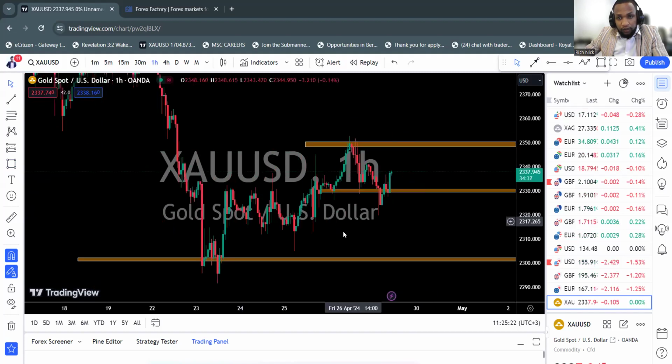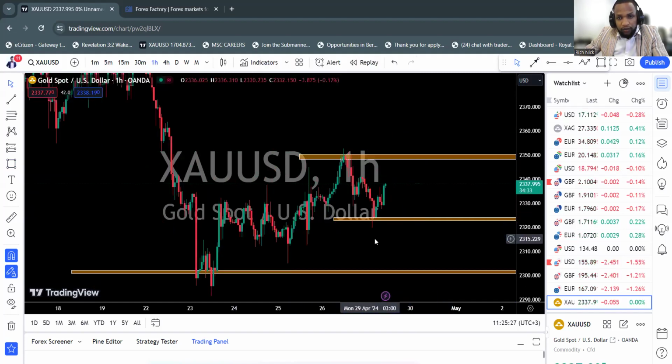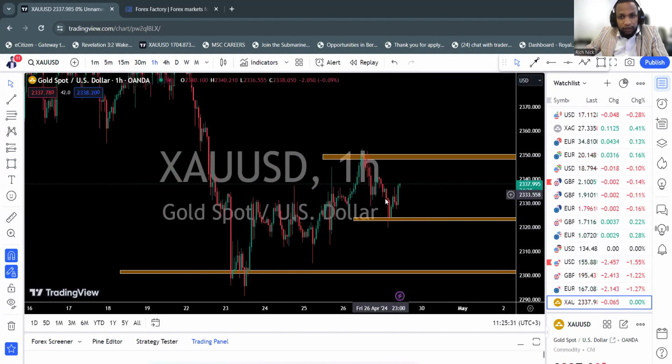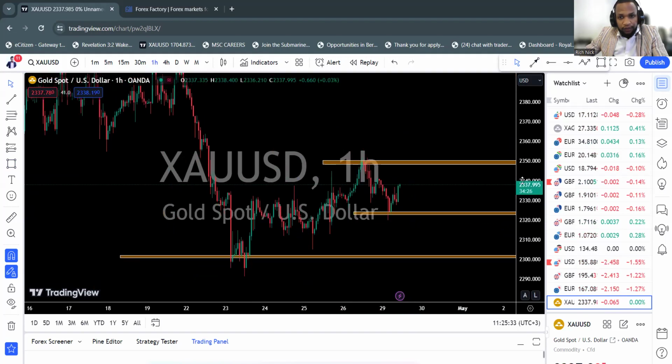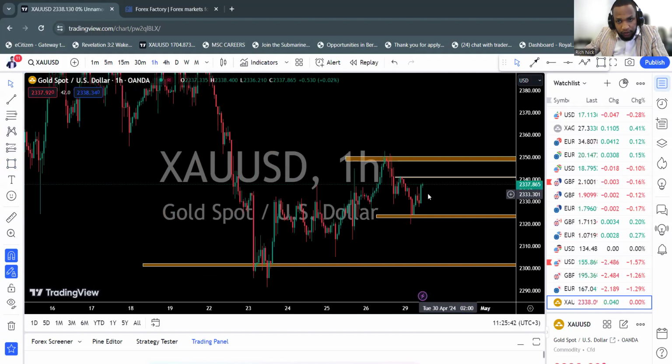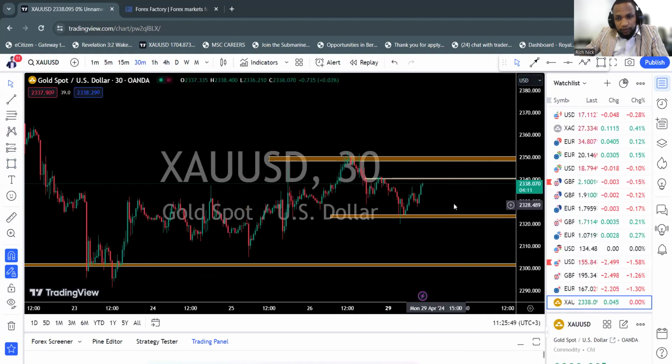Now the 1 hour highs and lows. Wow, it's a lot of consolidation happening over here. This is a high over here, and another high over there. That's H1. On the 30 minutes, of course, we can flag this as a low.